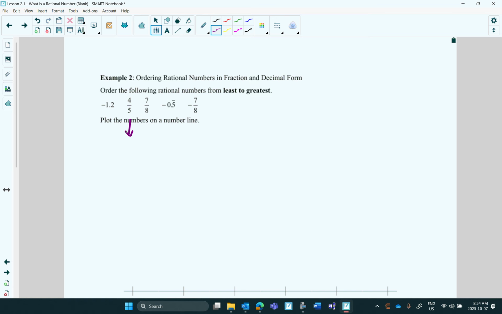So 4 over 5 is 0.8. 7 over 8 is 0.875. You should be able to tell me now this one without a calculator. Negative 0.875.